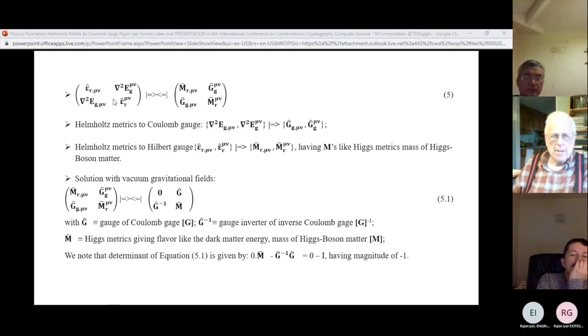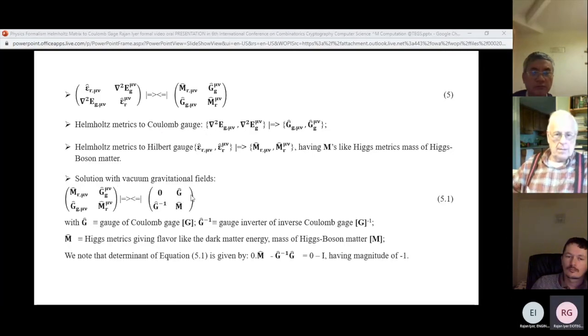Okay, and now the rotational field will gauge to the Higgs field, to describe the Higgs boson mass, things like that eventually. So this is a mass gauge, M_R, M subscript R mu nu, M superscript mu nu. They are the mass metrics for the Higgs. So essentially we are done now. Helmholtz metrics to Coulomb gauge.